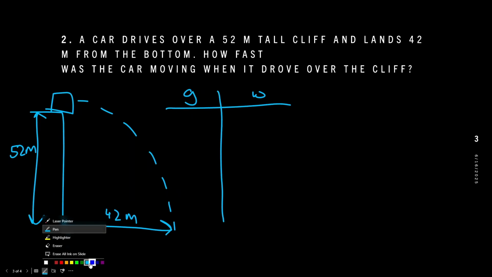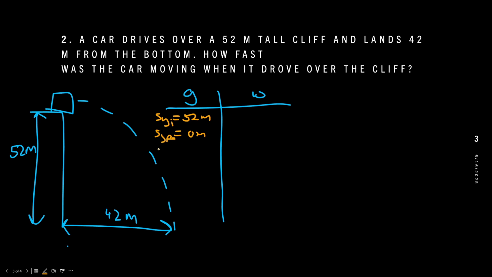So for the y values, we know SYI equals 52 meters, SYF equals 0 meters, then A equals negative 9.8 meters per second squared, VYI equals 0 meters per second.